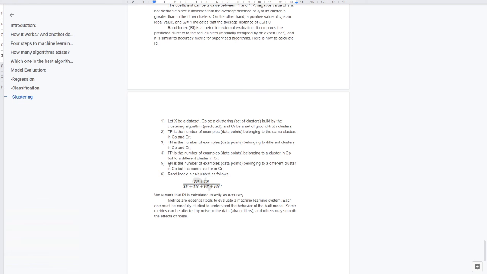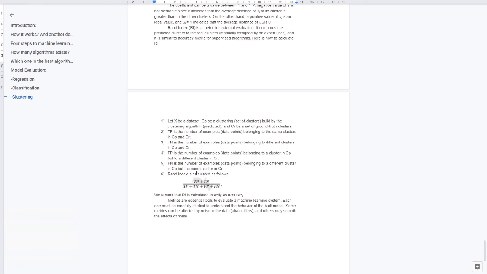Five, false negative is the number of examples, data points, belonging to a different cluster in clustering predicted but the same cluster in clustering real.